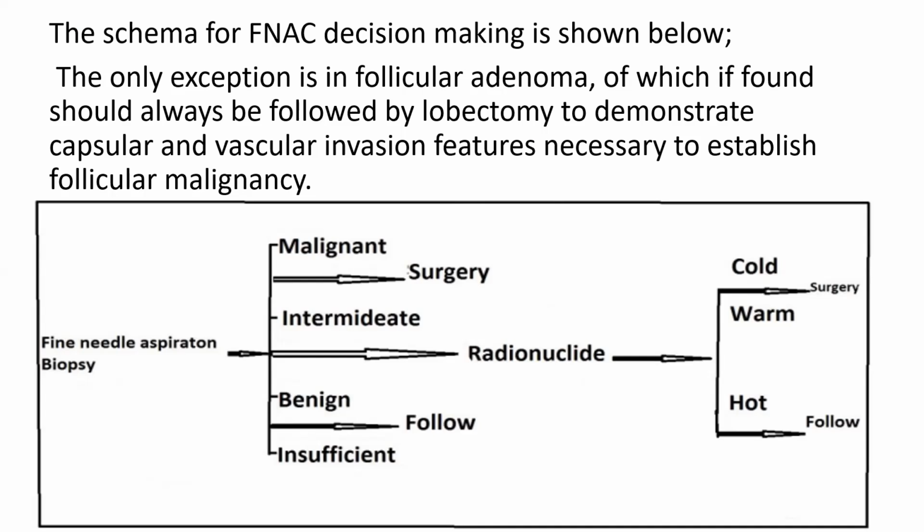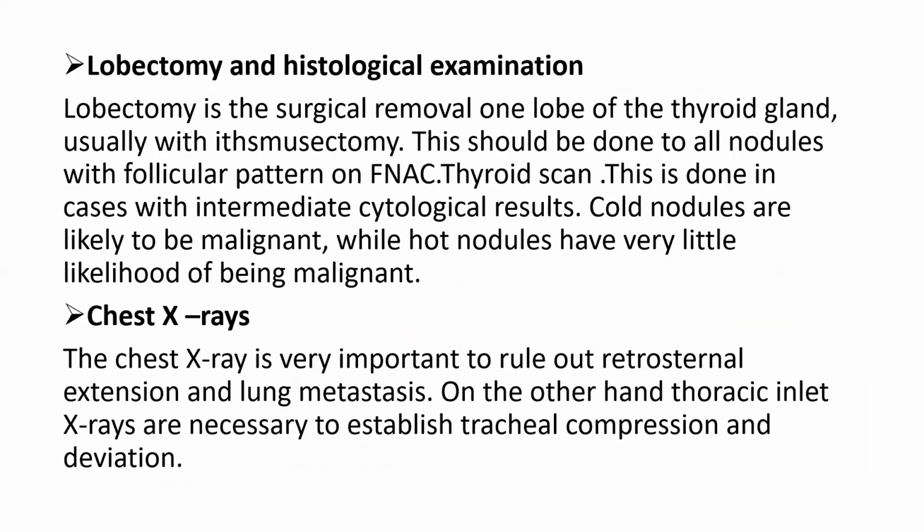If it's benign, then you can follow up, or follow up with radionuclide scan. But if it is hot, you follow up until it becomes cold, then you can opt for surgery. This is just a scheme on how FNAC is done. But as I've told you, lobectomy followed by histology is mandatory for those having follicular lesions, because you need to send it to exclude capsular and vascular involvement.